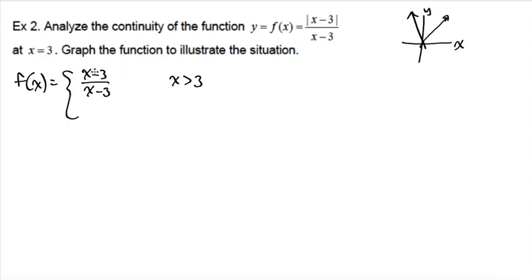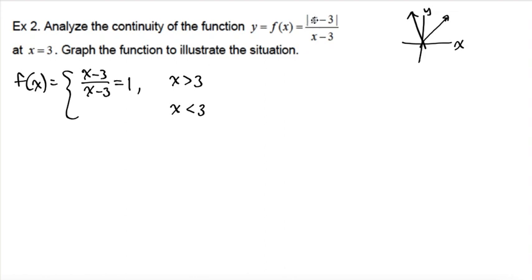And x minus 3 divided by x minus 3 is actually the same as 1. So when the x values are greater than 3, the function will have a value of 1. But what happens when the x values are less than 3?